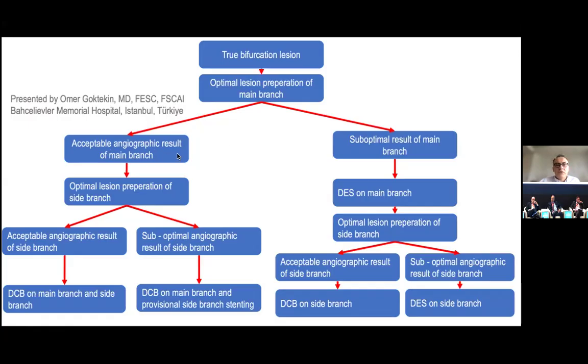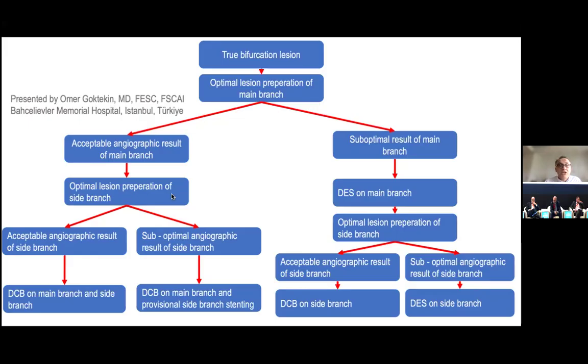This is very important. So what we do, we just dilate the main branch. We do optimal lesion preparation in the main branch. If after optimal lesion preparation we have an acceptable angiographic result of the main branch, then we think, okay, we will do DCB. We are okay with DCB for the main branch.